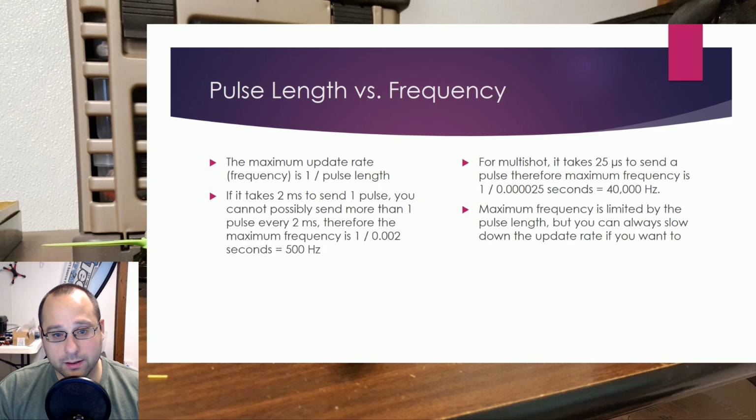So we said with standard PWM, with 2 millisecond or 2000 microsecond pulses, the maximum update rate was 500 hertz. With MultiShot, we can have up to theoretically 40 kilohertz. We typically practically max out around 32 kilohertz, but in theory you could go even faster than that. The maximum frequency is always limited by the pulse length, but you can go slower if you want.